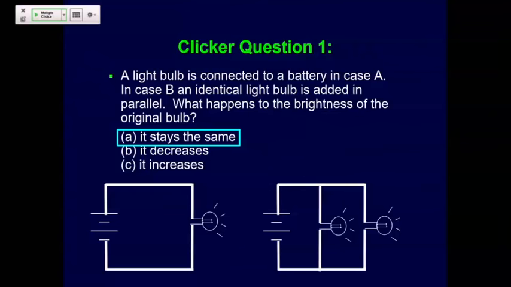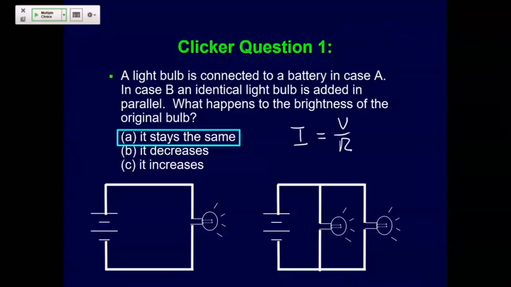What I thought he said was that when two things are in parallel, the voltage across them is the same, and so the voltage stays the same across that light bulb. From Ohm's law, the current is equal to the voltage divided by the resistance.